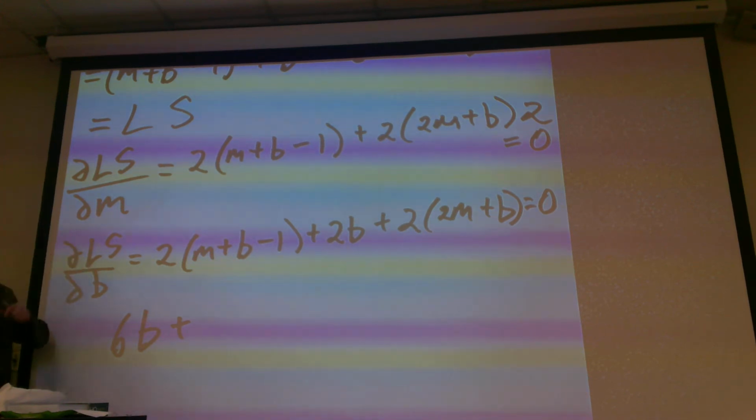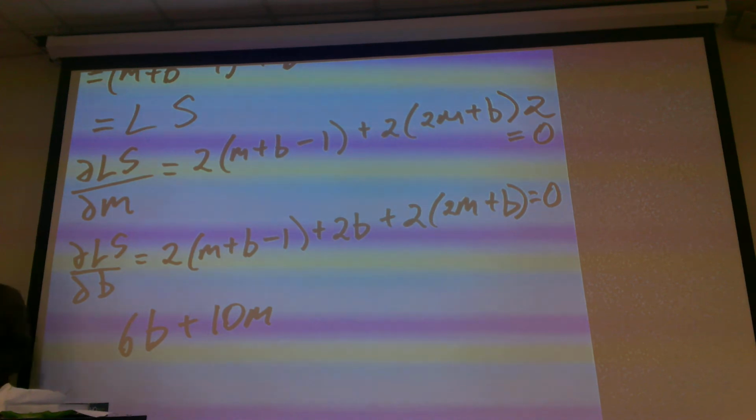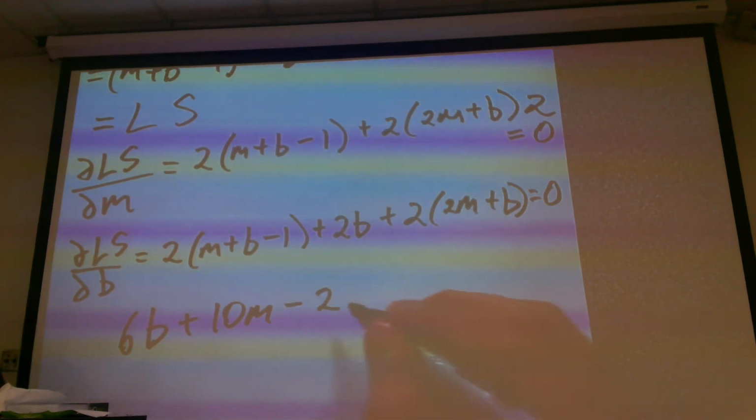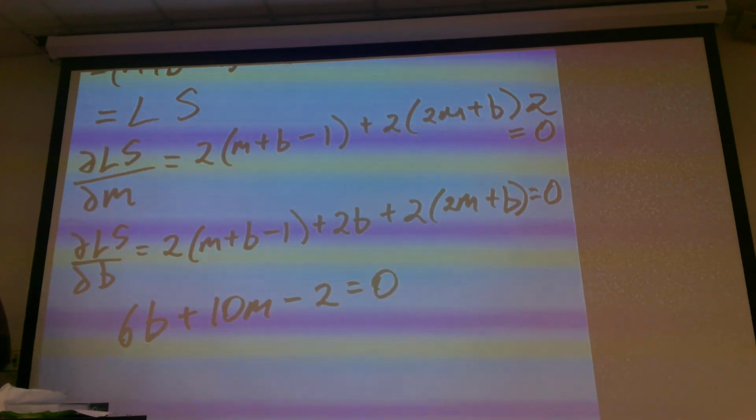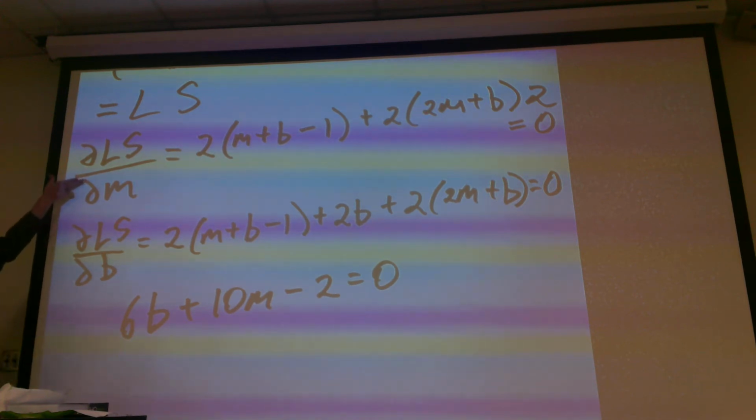The m on the opposite side is 2m times 4, that's going to be 8m, and then we have a 2m right there, so that's 10m. Then we consider what constants exist inside of here, and we have a negative 2. We're going to set that equal to 0. That's from the partial derivative with respect to m.